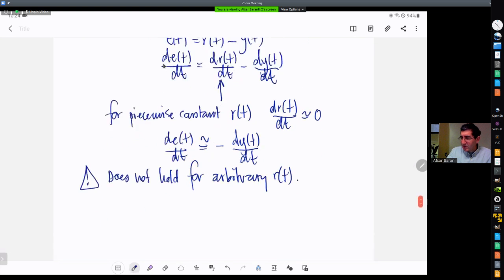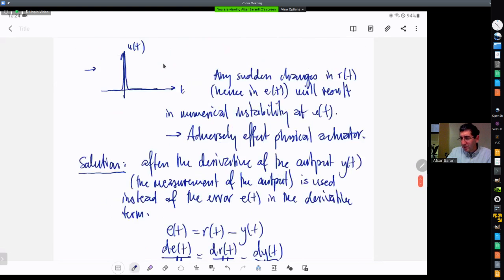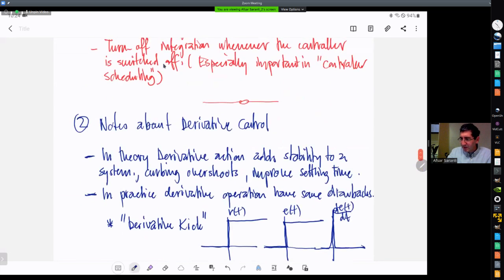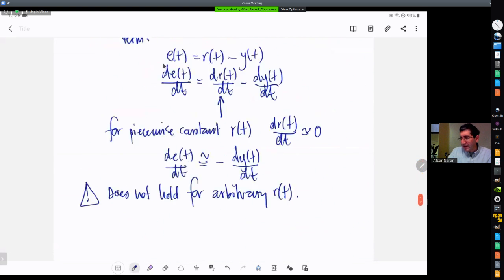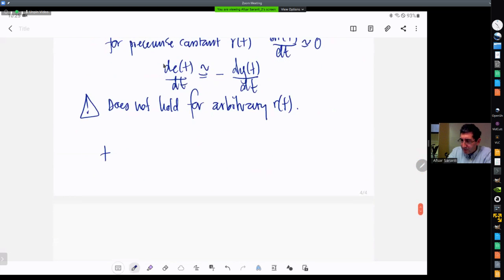There is another issue. So we said derivative kick is one issue. Another issue is the high pass effect of the derivative.